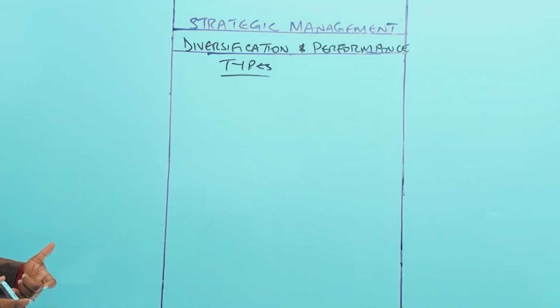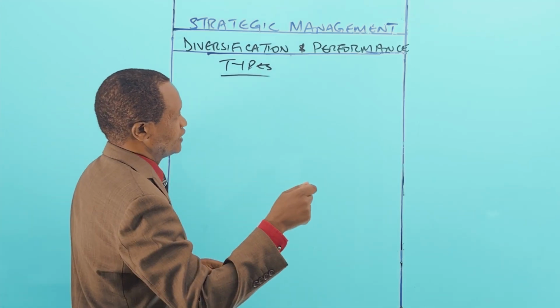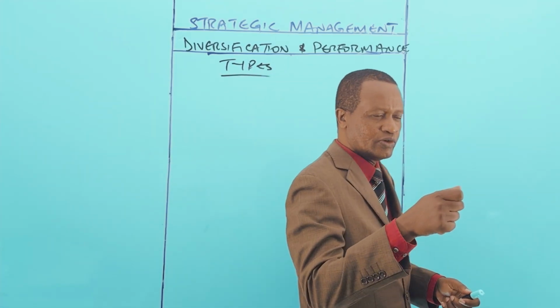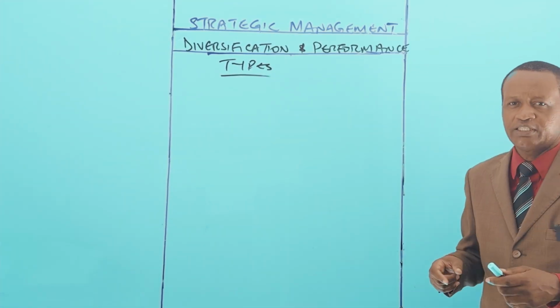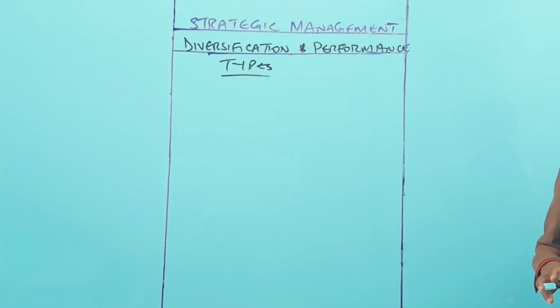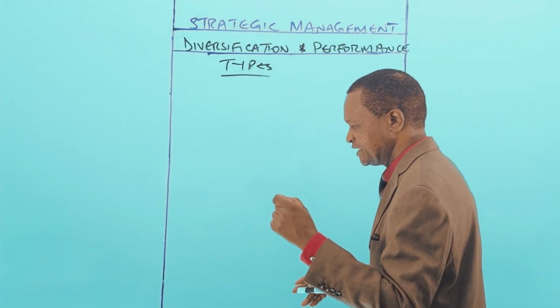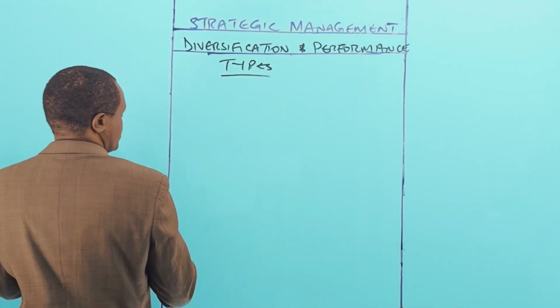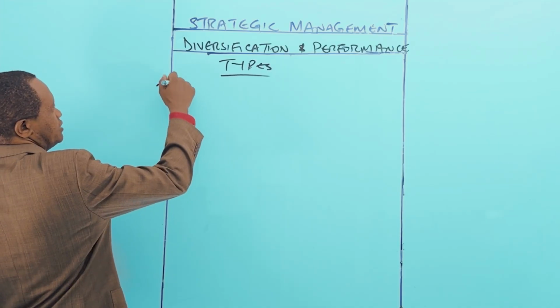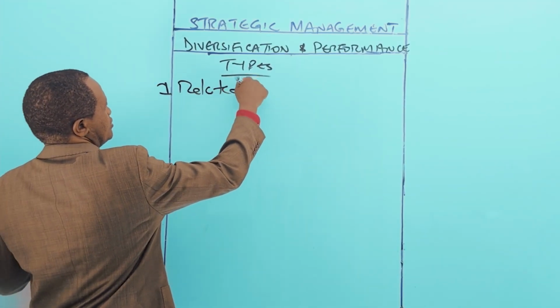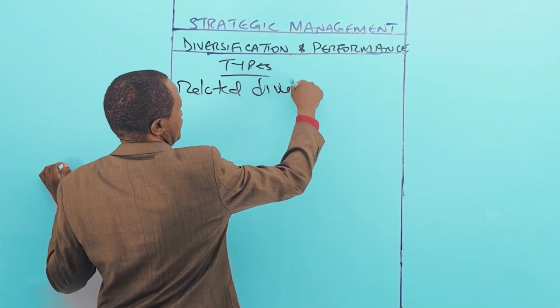And the first type of classification is related diversification. Right? We said it could be related or unrelated. So we have what we call related diversification.